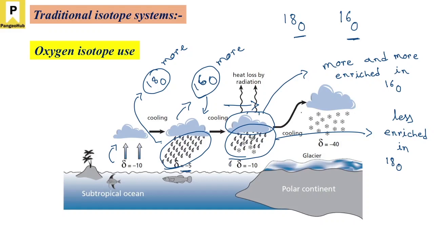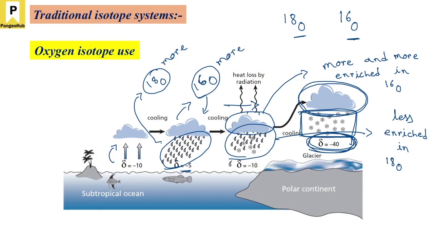Now the final one here, right at the mountain, will be least enriched in heavier isotope and most enriched in lighter one. So in here, as you can see, this snow or this rain, whatever it is, will have the least delta value, right?